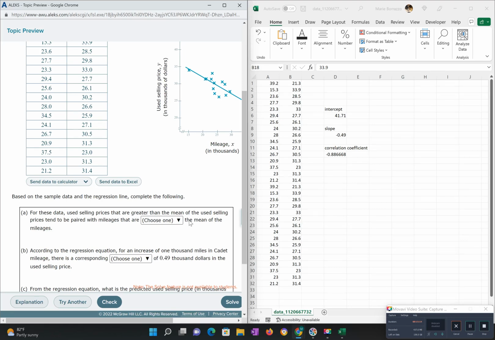So I'm saying, when you remember when I talked about association, I said to you, if it's negative, that means one goes up as one goes down. So they're asking you for the data used selling prices that are greater than the mean of the used selling prices.